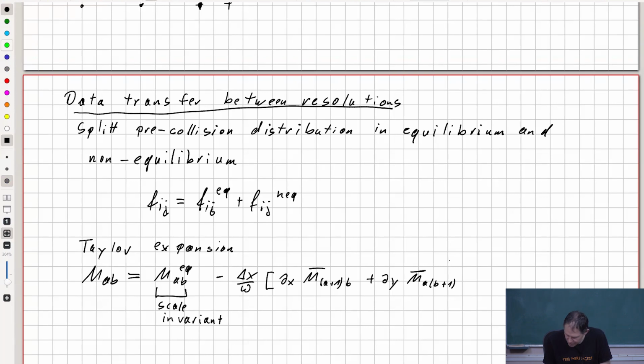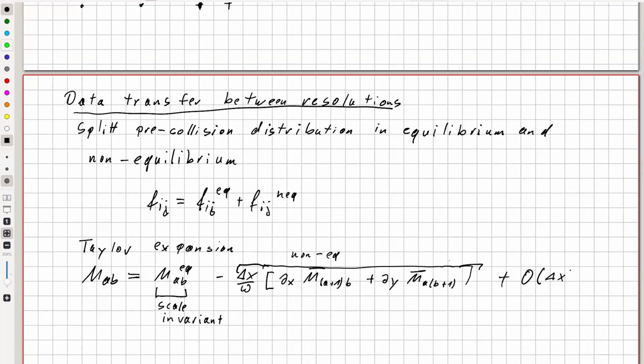So this is the non-equilibrium part, actually including the omega. And because I just made the Taylor expansion and not an asymptotic expansion, I have to deal with delta x squared terms in addition to this. So this is the non-equilibrium part, and here we require some scaling.